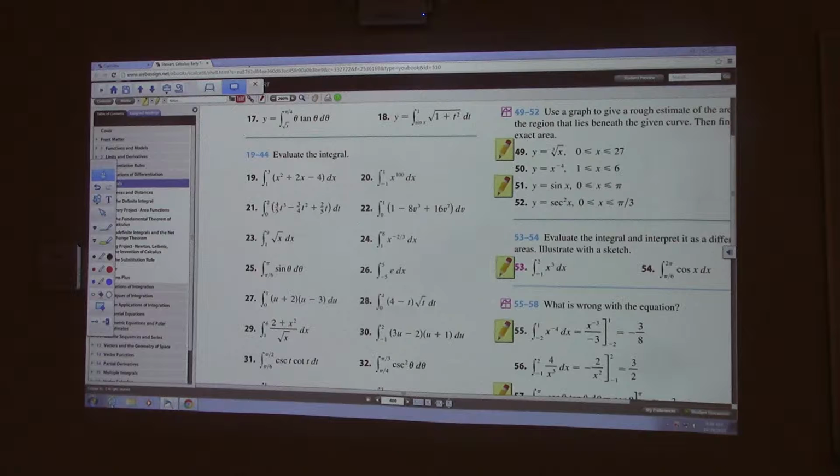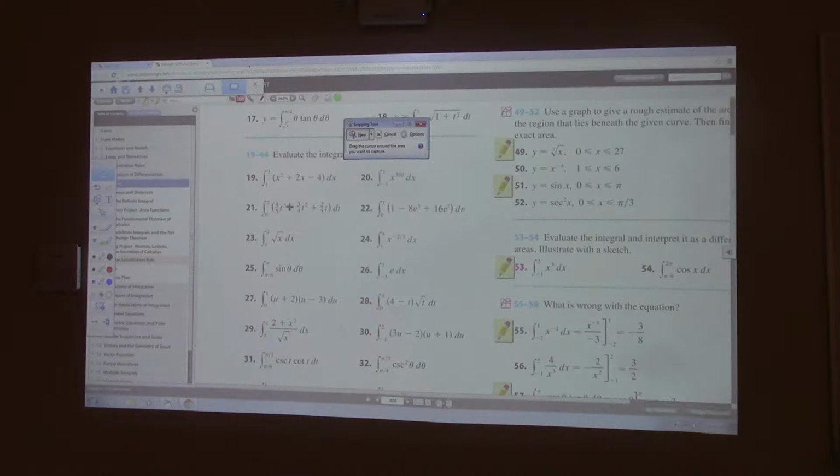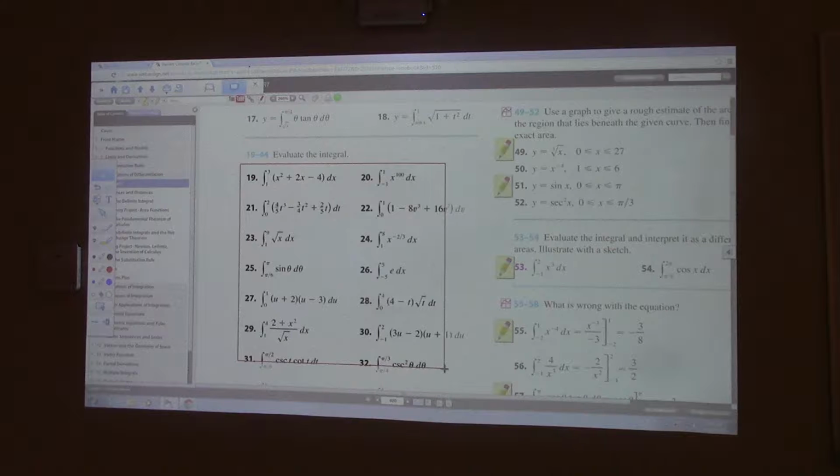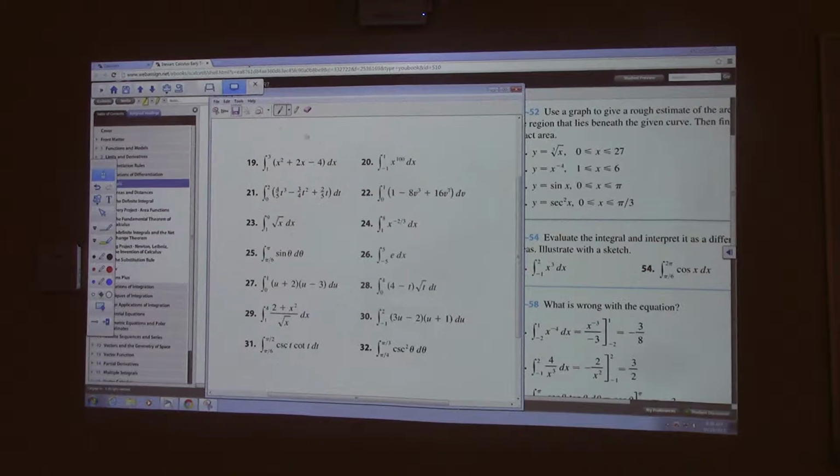We'll go back when I get ready to do the trig. I'm not too worried about the trig because trig is a lot of memorization. I'll just pick some of these out. There we go.